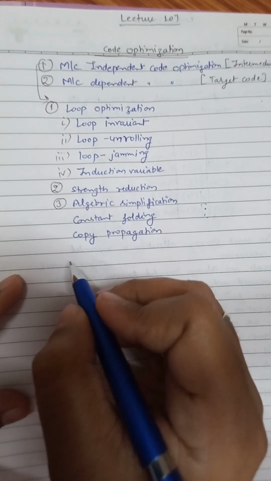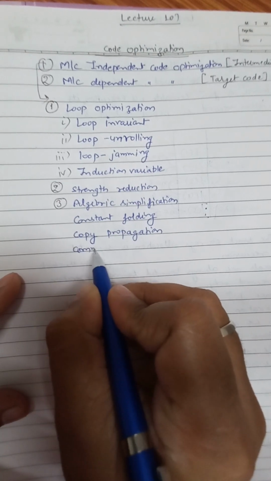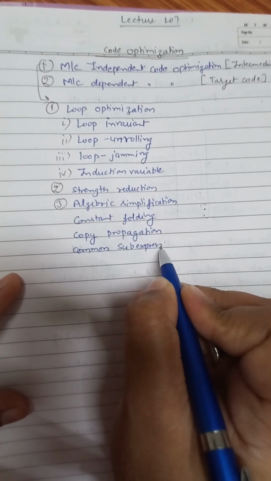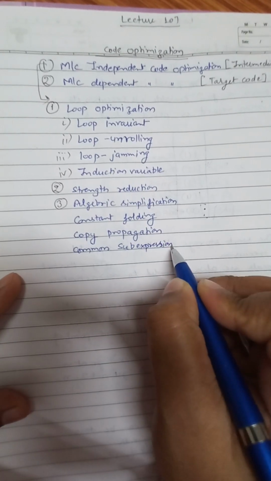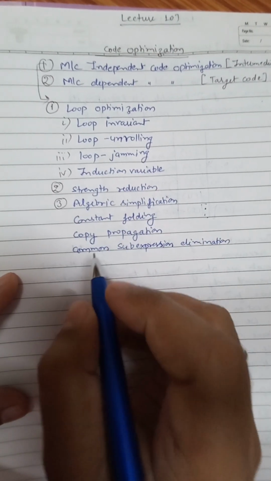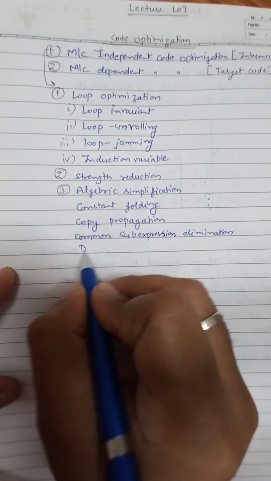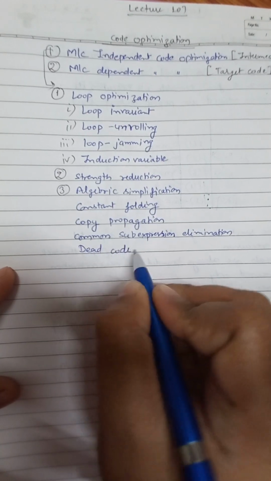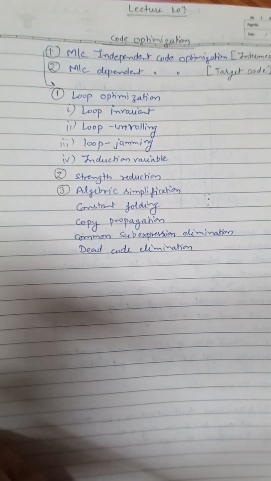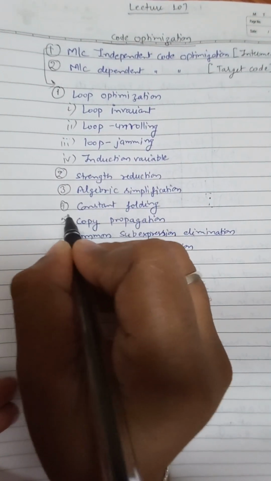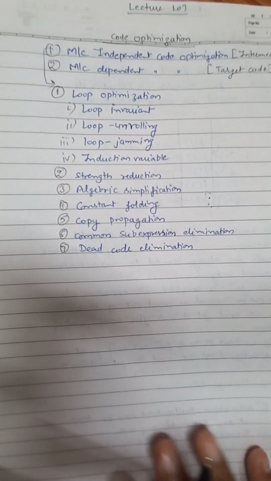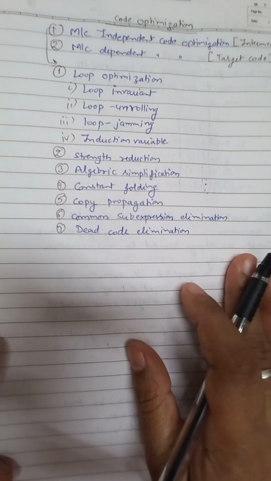The next one is common subexpression elimination. And the last one is dead code elimination. All these things come under machine independent code optimization, which we are going to learn slowly in coming lectures.